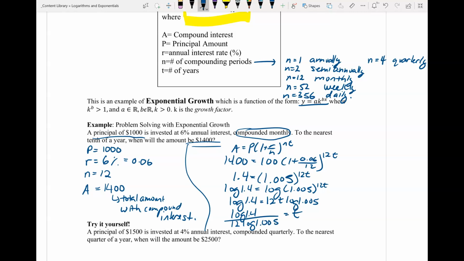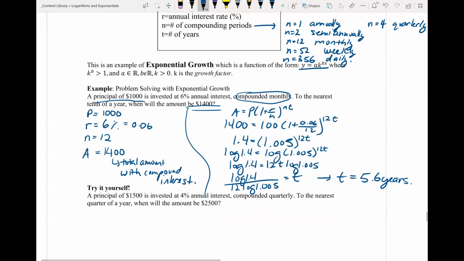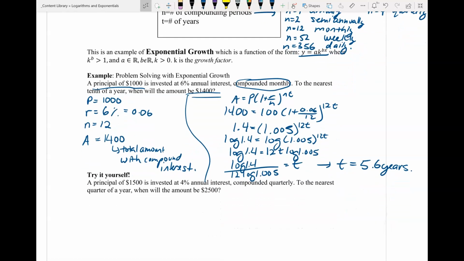And then when you plug this into the calculator, you should get t is 5.6 years. So I want you to try the next one on your own. Again, I suggest you write out all your information on the side first, and then put it into the formula and solve. So go ahead and do that, and then when you're ready, press play.